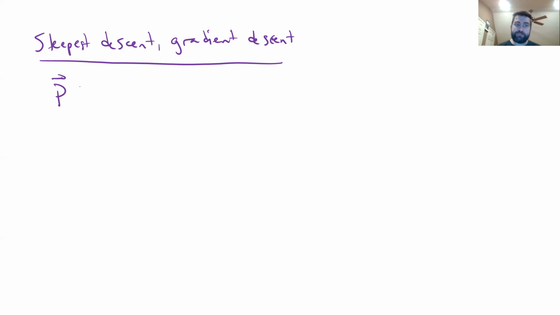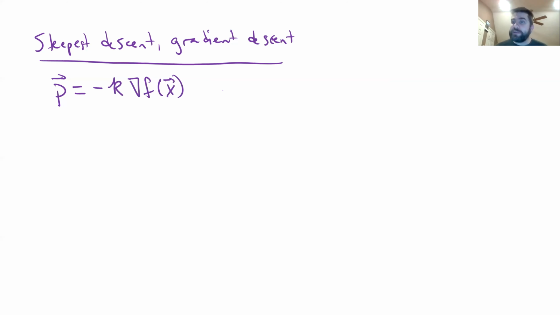We define our step to be some negative constant multiplied by the gradient of the function. The gradient of a function is the direction of steepest uphill slope. So the negative gradient points in the direction of greatest downhill slope.